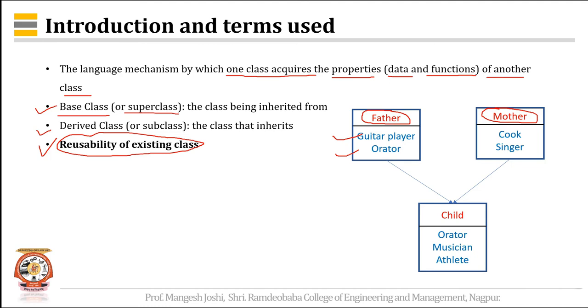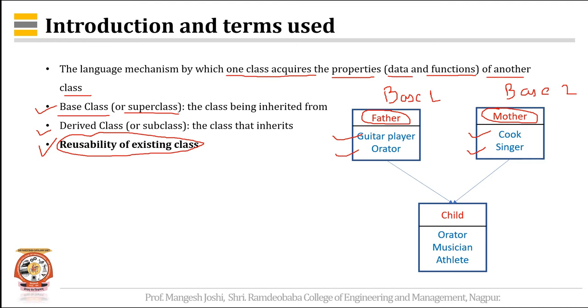Similarly, mother has properties like she is a good cook and she's also a great singer. So these are the properties of the father and mother classes, which are called the base classes. This is base class 1 and this is base class 2. You can also call these superclasses.